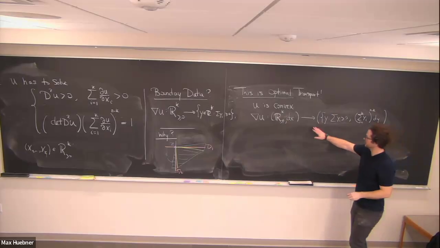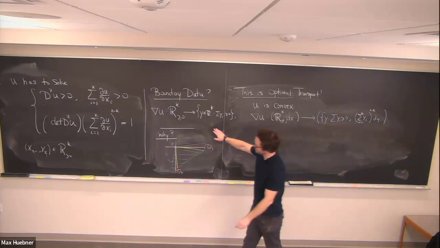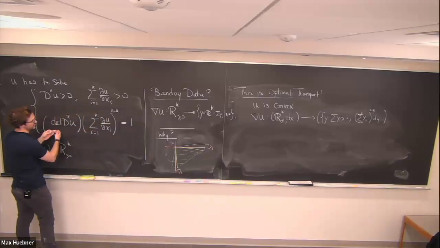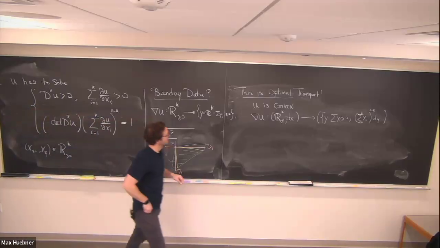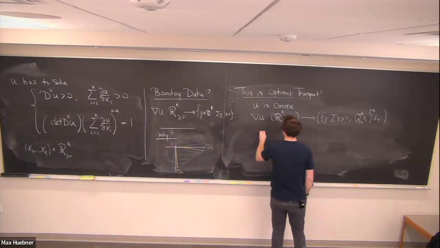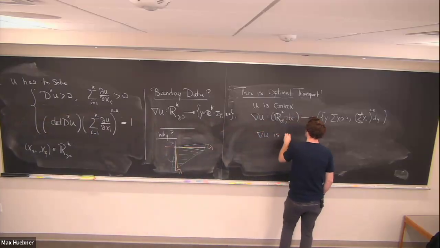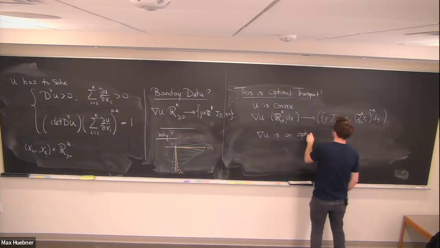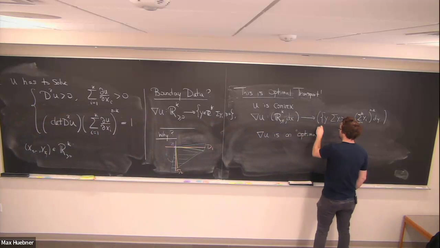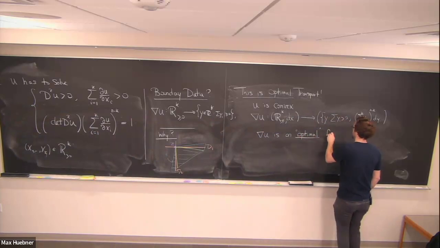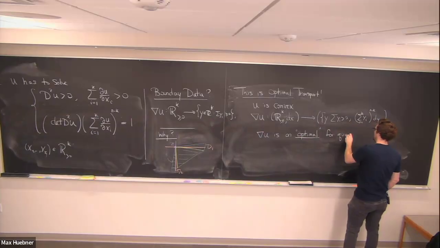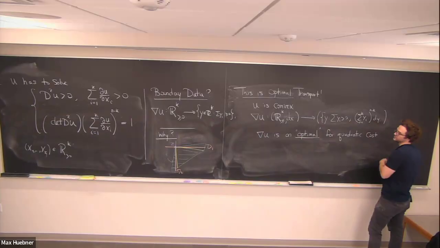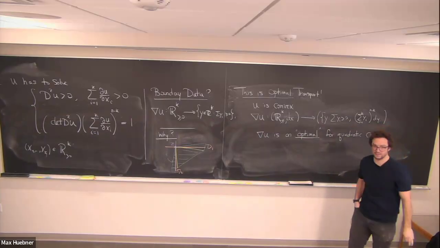So when you do optimal transportation, this is the change of variables equation, which is exactly telling you that nabla u is optimal for the quadratic cost. Now, you have to be a bit careful, because optimal transportation in this setting doesn't make any sense.